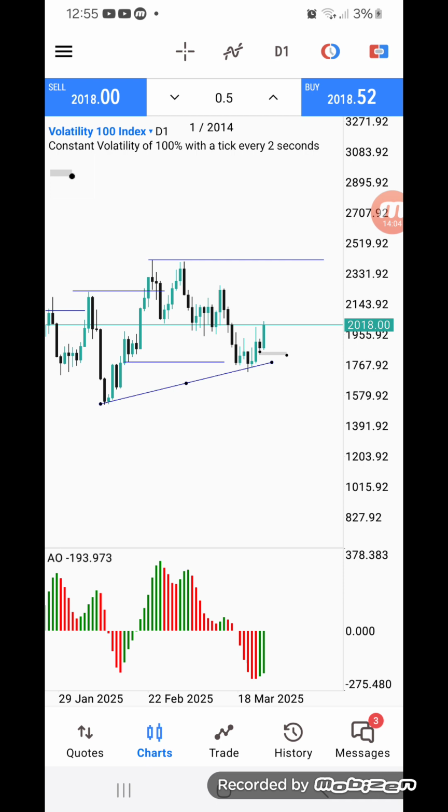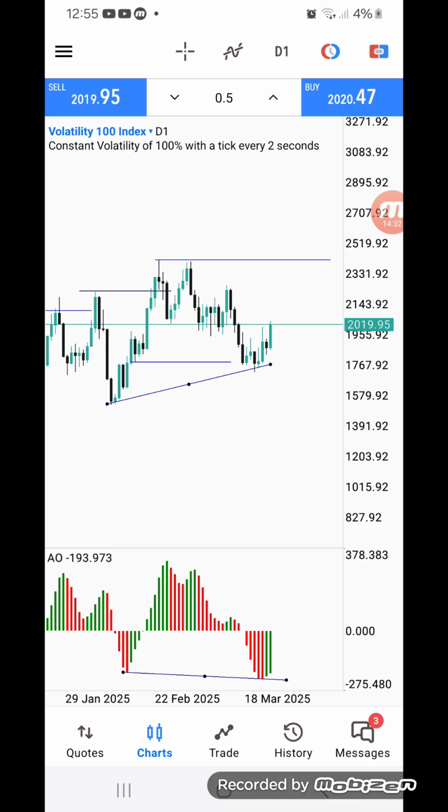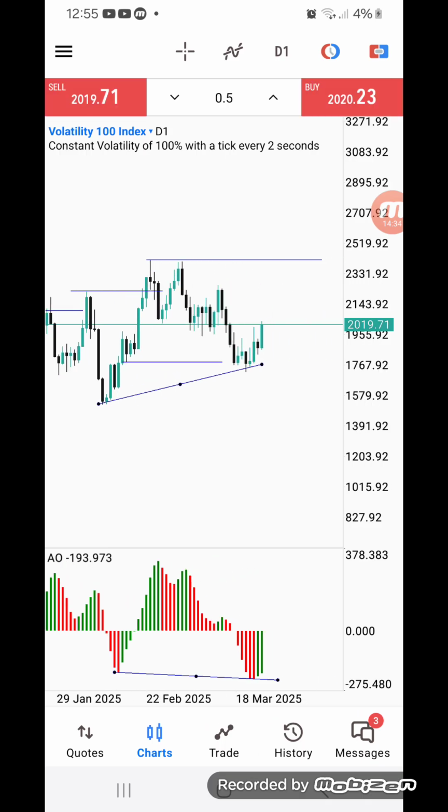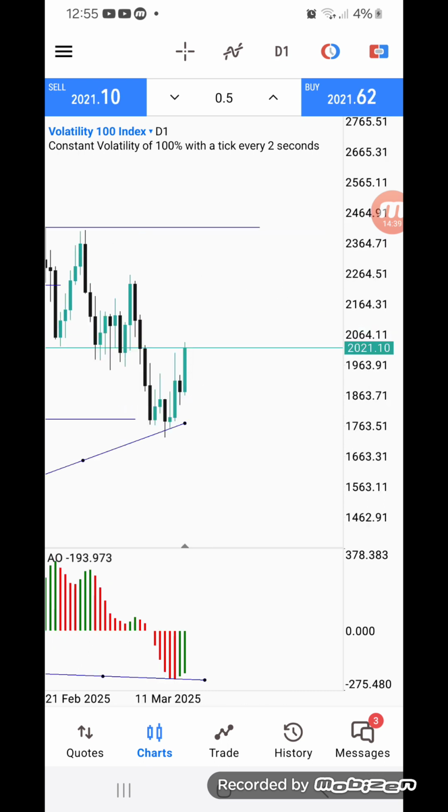We can see the price is creating higher lows, and then when you check your awesome oscillator indicator, it is making what we call lower lows. That gives us a very strong confirmation that the market is in a continuation pattern.